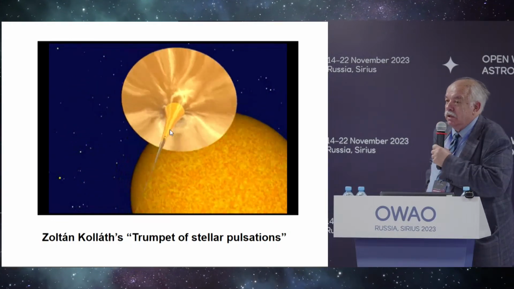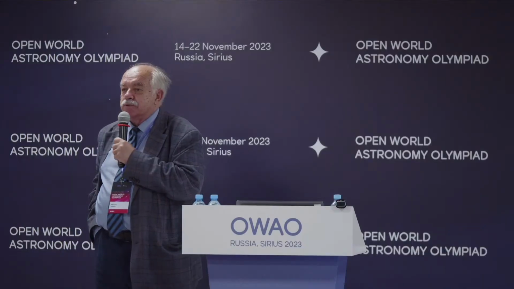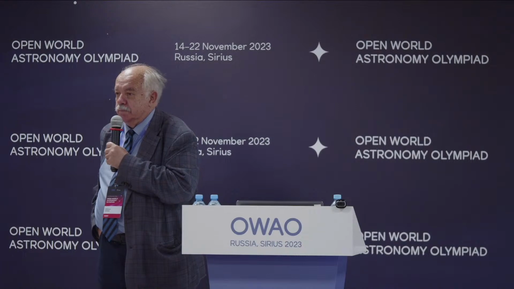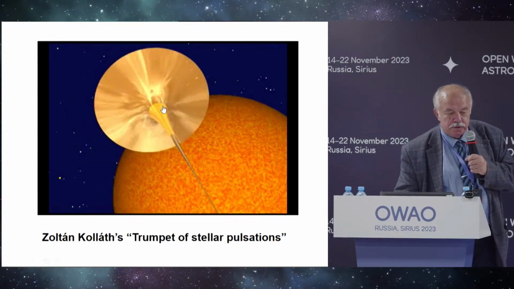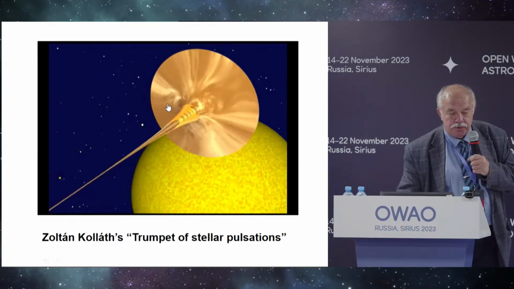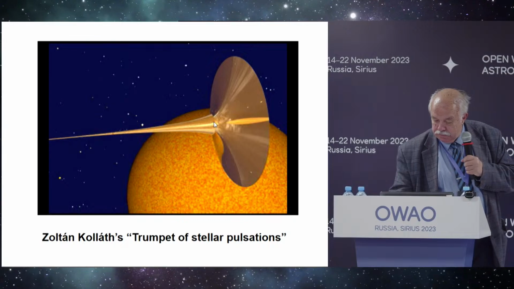Well, because it was shown by computations that inner parts of the star almost do not pulsate. And what is this? This is where the pulsations are formed. This is Zhevakin's zone of critical ionization.